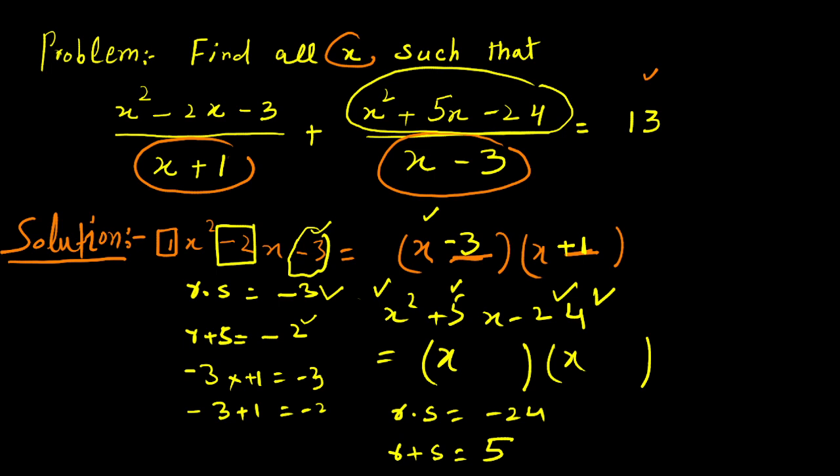The product is minus 24, so the two constants must have opposite signs, and the sum is a positive number, so the larger constant must have a positive sign. So 8 times 3 is 24, and you have to adjust the negative sign, so 3 will be negative and 8 will be positive because 8 plus 3 must be equal to 5. If you take 8 negative and 3 positive, you will get negative 5, which is not required.